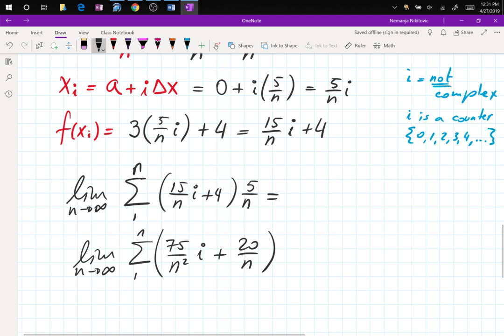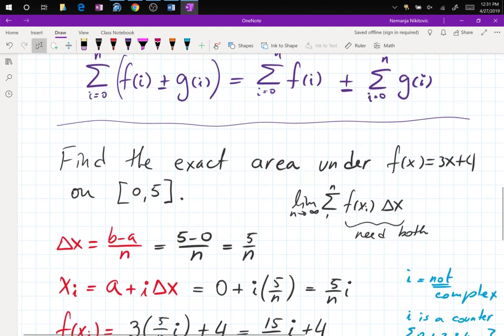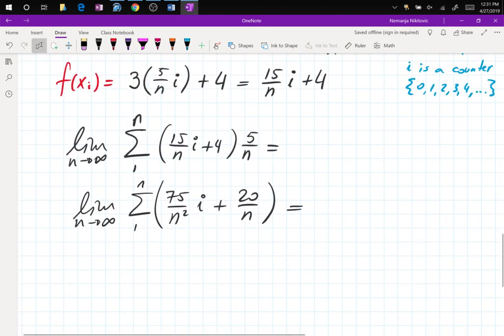And then you separate these using the rule we just covered into different sums, but you still have to have the limit as n goes to infinity available for all of them.